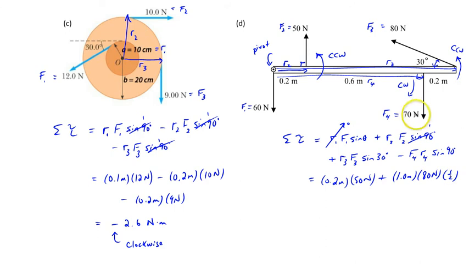Then we have our other torque that's negative. F4 and R4, that's a 70 Newton force, and R is only 0.8 meters, multiplied by the sine of 90 degrees, which is just 1. So our final answer is negative 6 Newton meters. Again, we get a negative answer, which indicates that this beam is going to be moving in the clockwise direction. So this is clockwise. And that's it for this example 1, C and D.